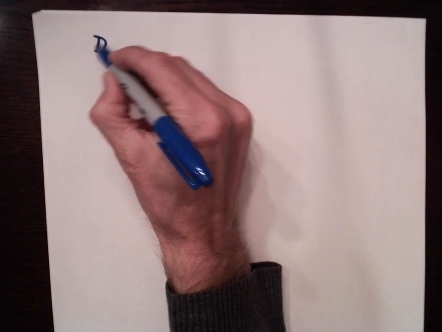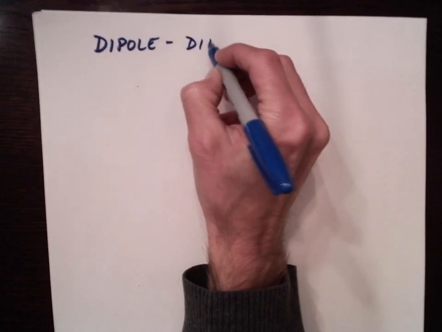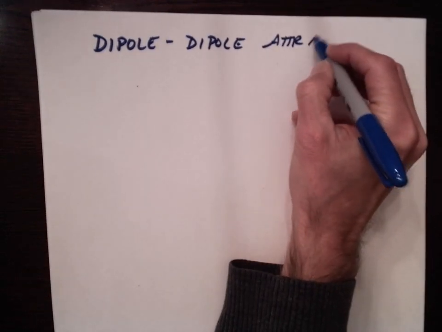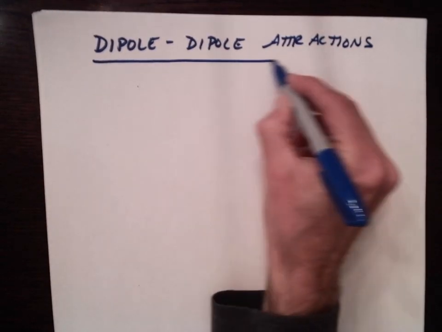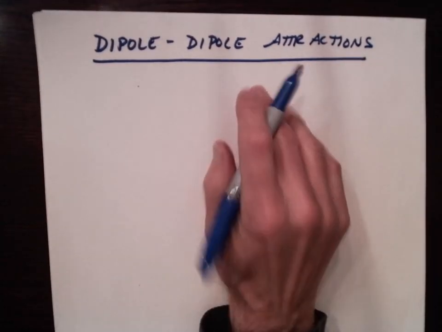All right, let's move on to our second intermolecular force. Our second intermolecular force that we're going to discuss is called a dipole-dipole attraction. And this is another one of those cases where the name tells us exactly what's going on.